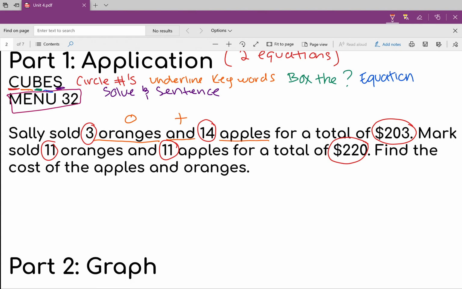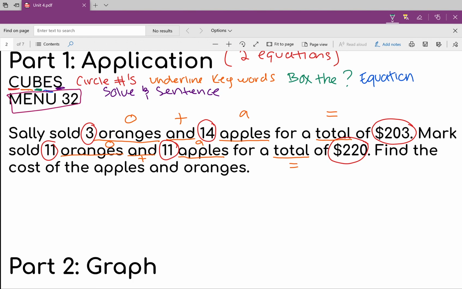Apples, A. And total, remember, means equals. Okay, so we're going to go through the next sentence and do the same thing. So remember, oranges, we said was O. And is plus. Apples, we're going to say is A. And total is equal.